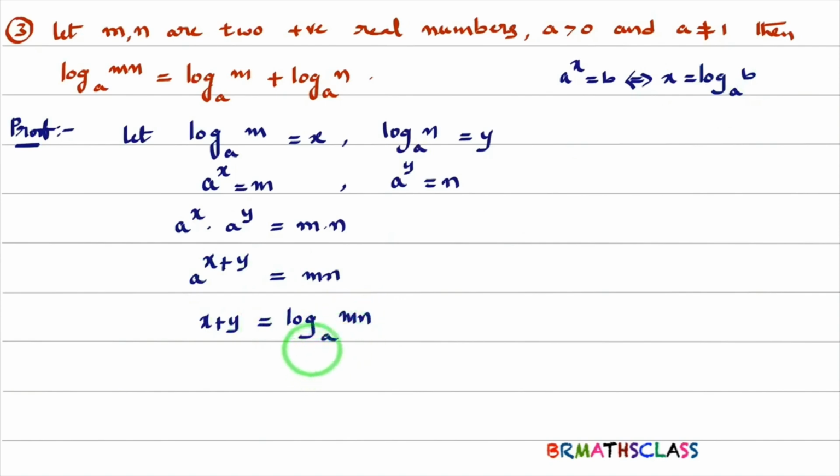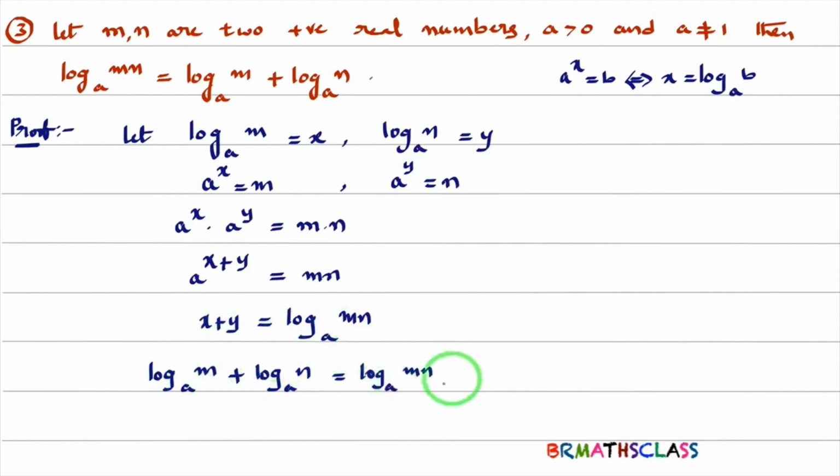I hope you are understanding. Okay, here what is x? You observe here, I considered log m base a as x. So in place of x, I'll write that only: log m base a plus, what is y? I considered log n base a as y. Log n base a, equal to log mn base a.